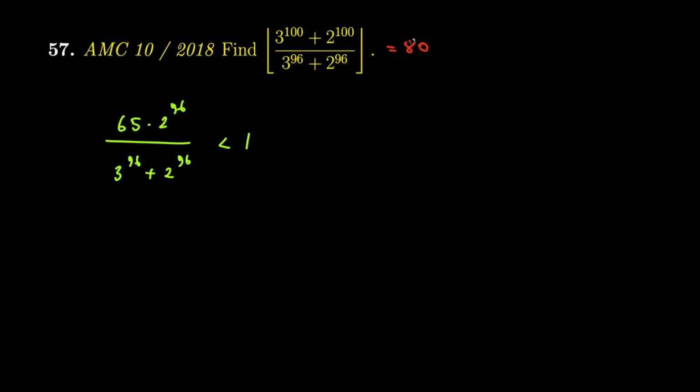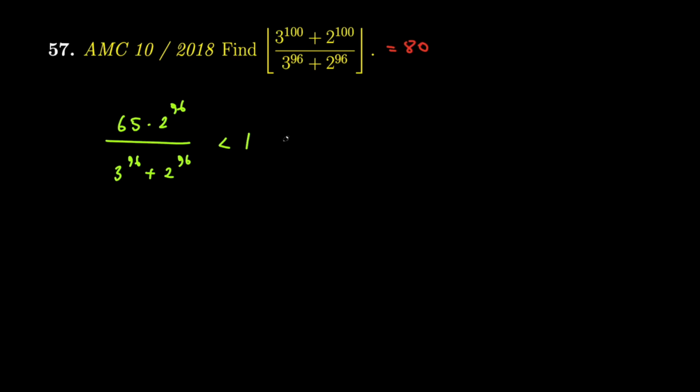If you have something very close to 80 and all other numbers are very far off, you will choose that number. Obviously you don't have to prove it exactly. I think that's what most students did in AMC, but here we have time.